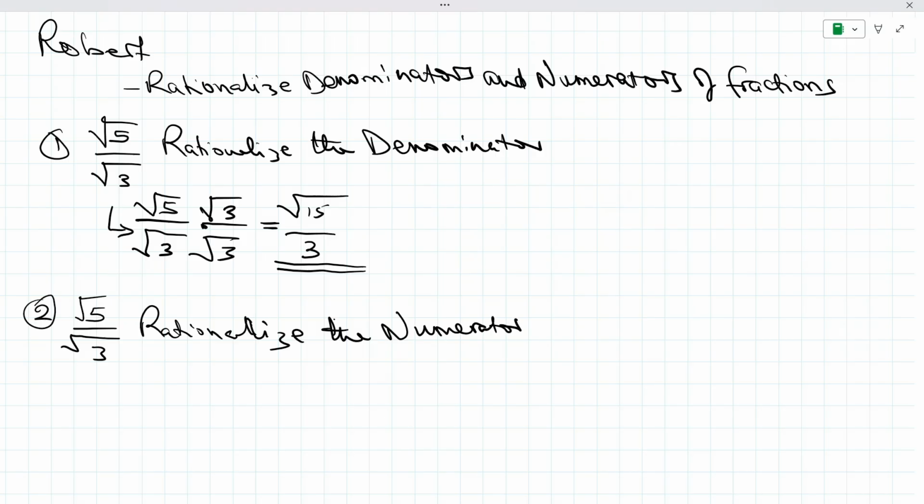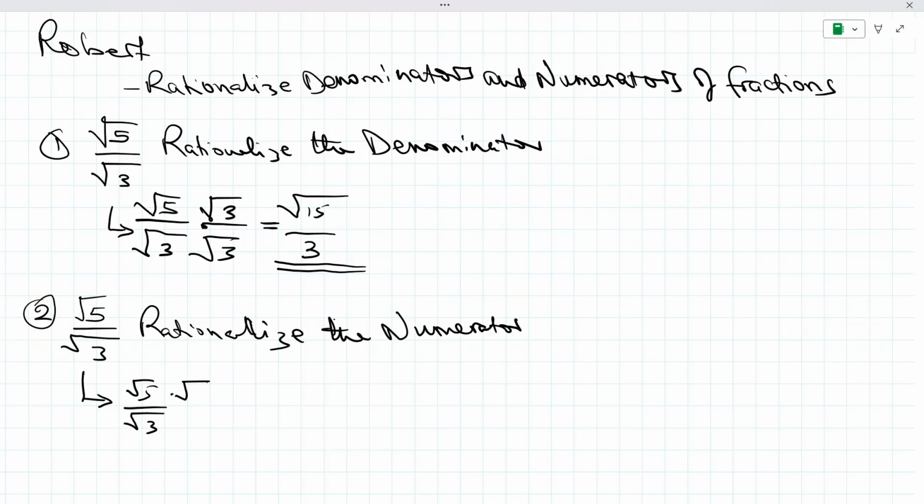That means we need to get rid of the root sign of the upper part of our fraction. So this expression then becomes root 5 divided by root 3, and then we have to multiply the top with an expression which when multiplied by root 5 will get rid of the root sign.